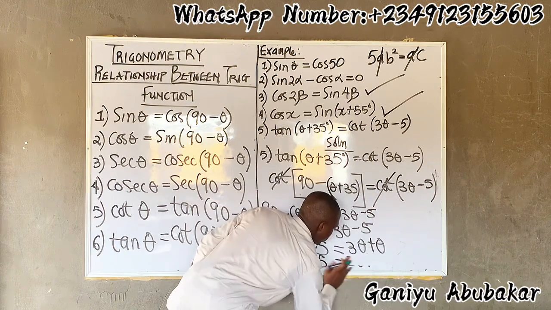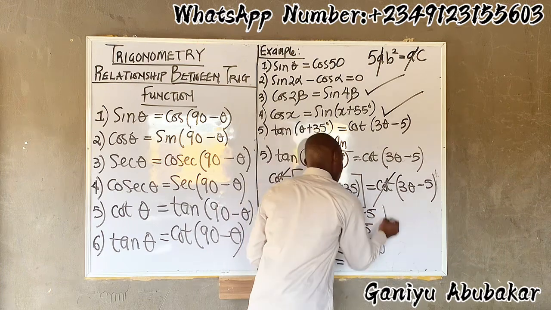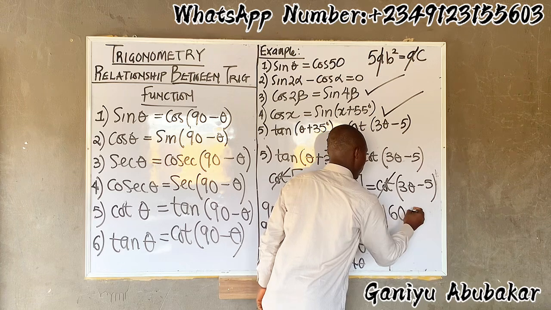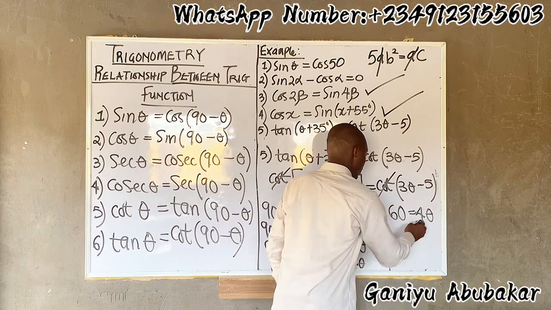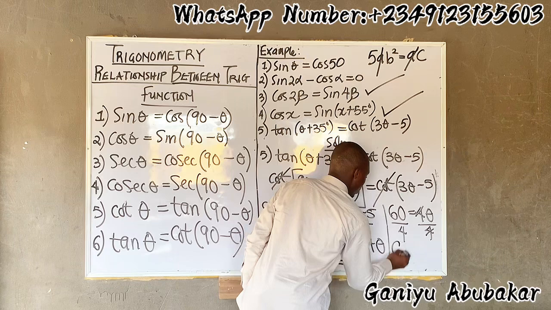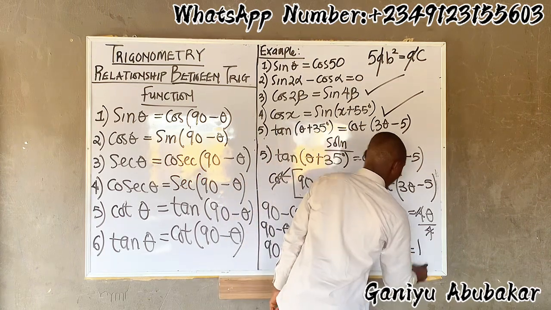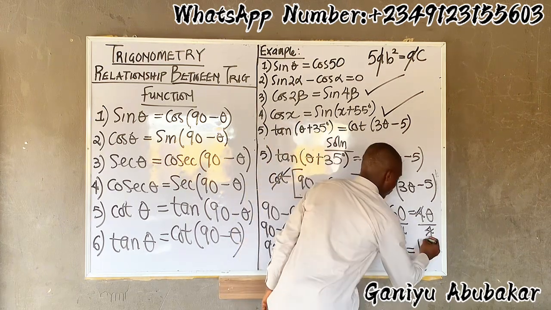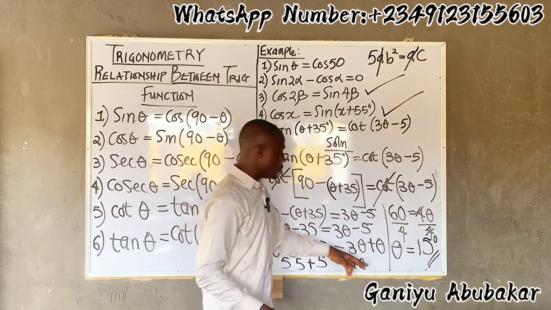So per se, this should give 4 theta straight up. So from here, this will give 60 equal to 4 theta. So let's get theta by dividing by 4. So theta should be equal to 15 degrees.